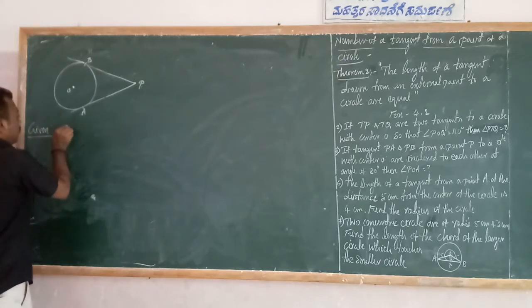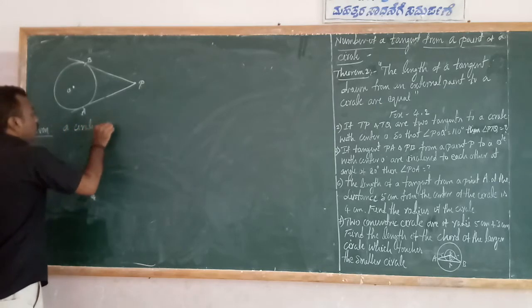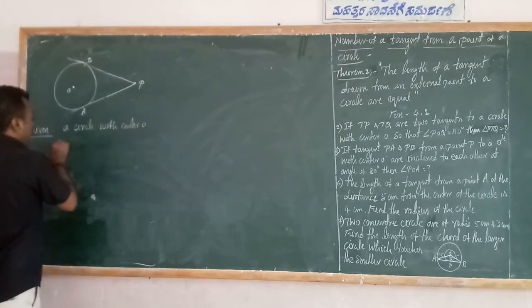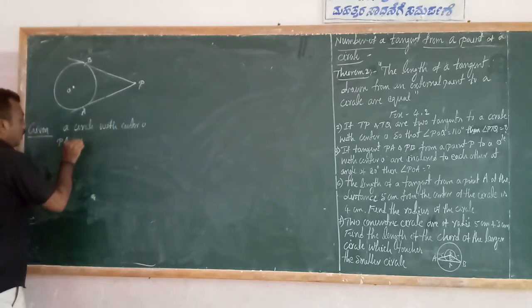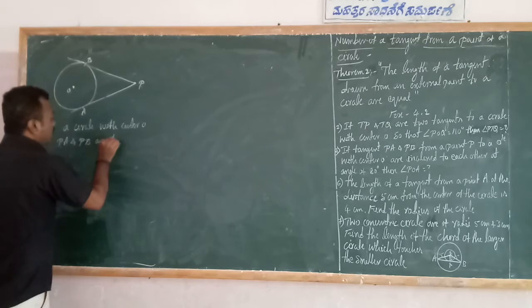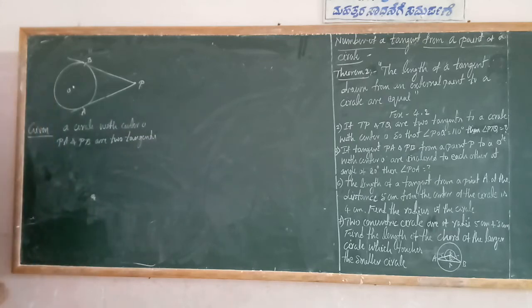A circle with center O, and PA and PB are two tangents.